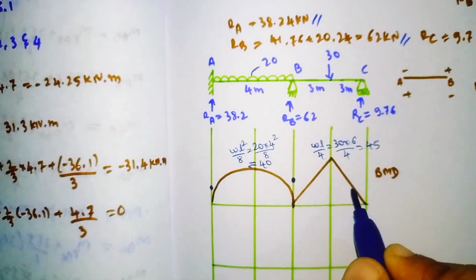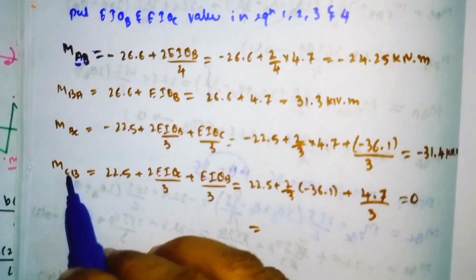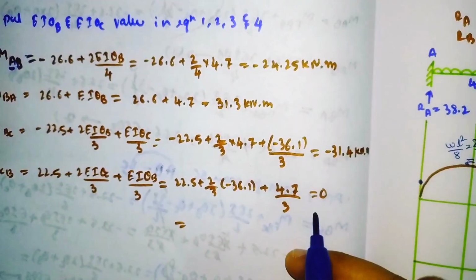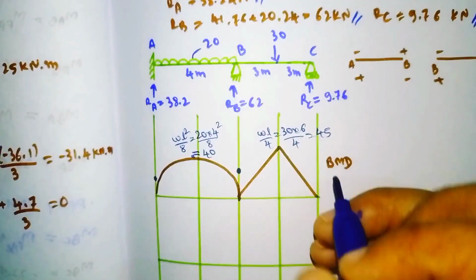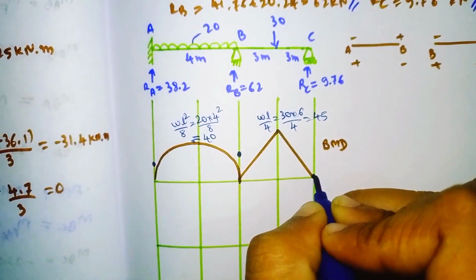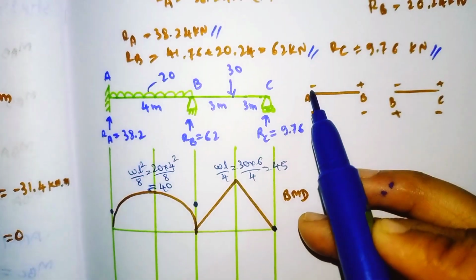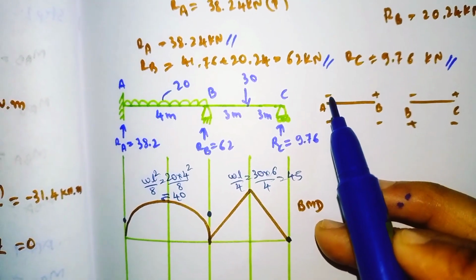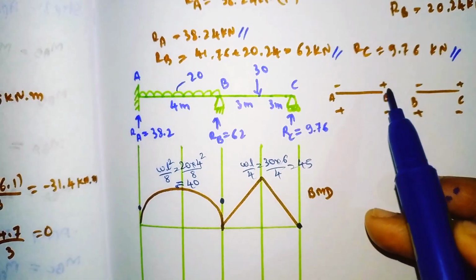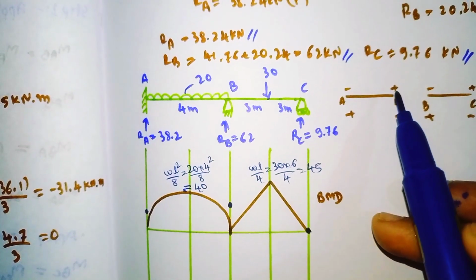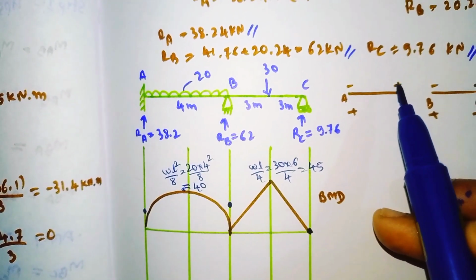For CB we have the value 0. 0 means it will come here only. So at point A our negative value comes above the neutral axis. At point B our positive value also comes above the neutral axis.